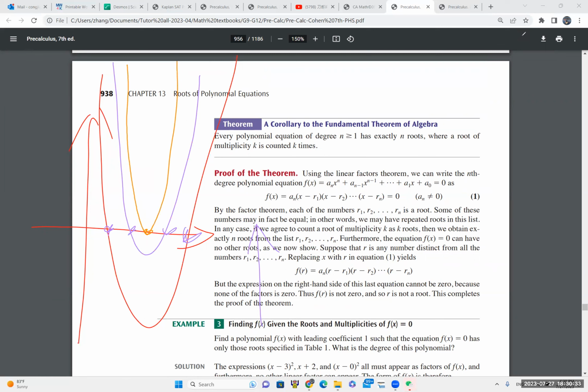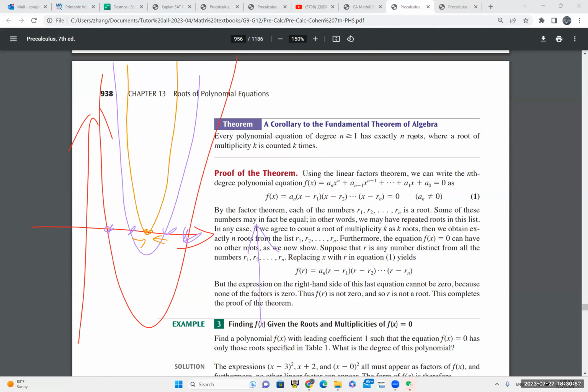So it's like these two points combine into one. You can still think it's two, but they are the same. So that's the reason we want to count it twice.